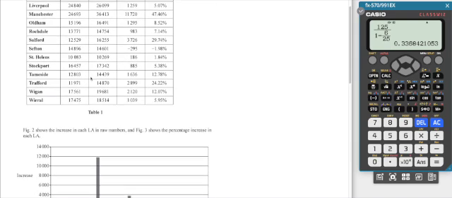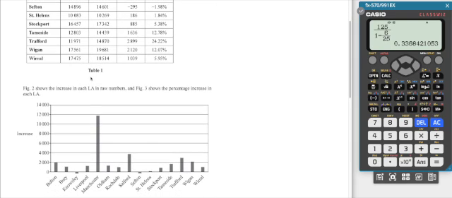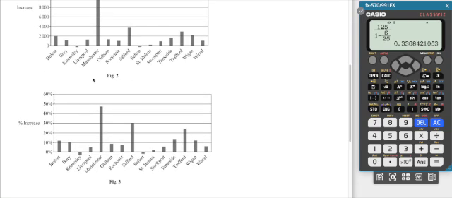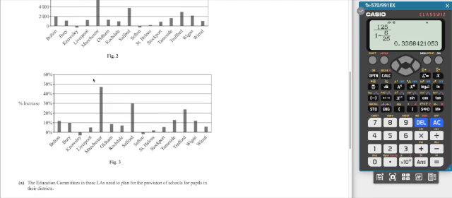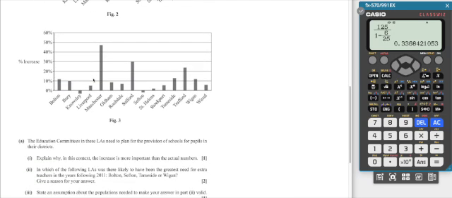Lovely. You've got a graph showing the increase in LA in raw numbers and then a percentage increase. Okay. What we're asking: the education committees in these local authorities need to plan for the provision of schools for pupils in their districts. Explain why in this context the increase is more important than the actual numbers.